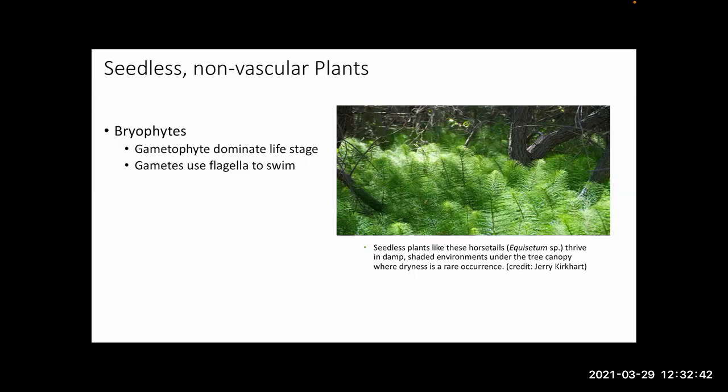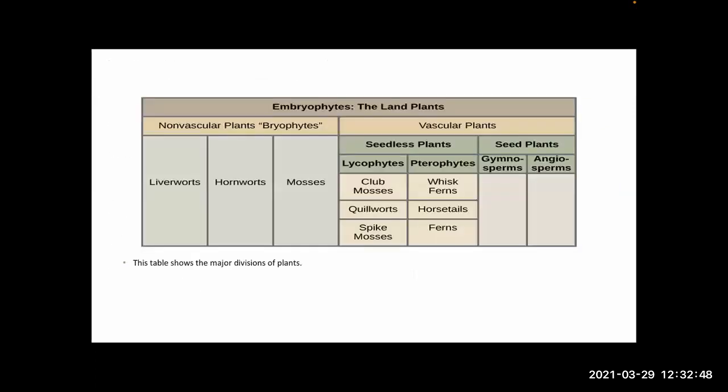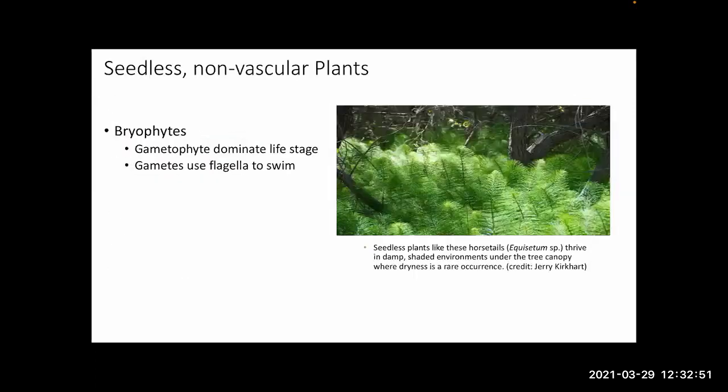I have no idea why these are on here, because if you remember, the horsetails are actually a pteridophyte. So this is an error in my slides, and I'm just talking on and on about horsetails when we're not even talking about that group yet. So I apologize. You can remember all that as we talk about pteridophytes in a few minutes. But bryophytes, that's what we're talking about.